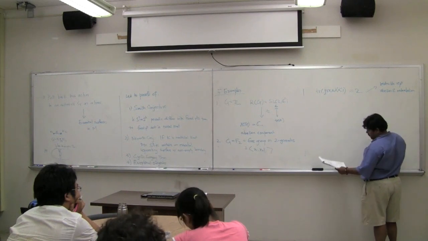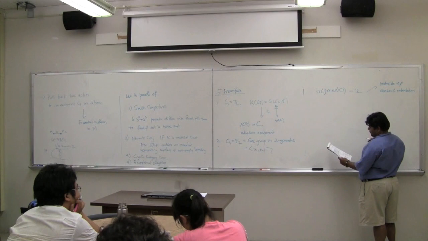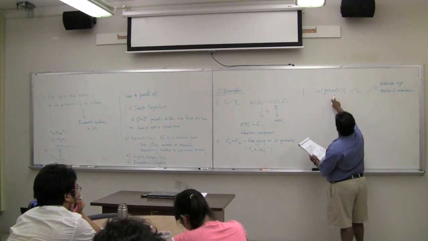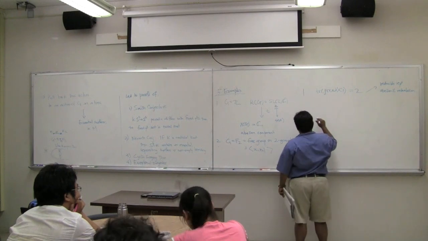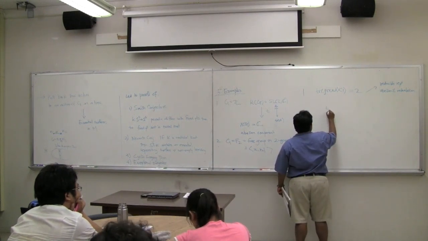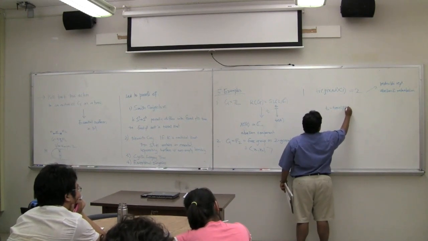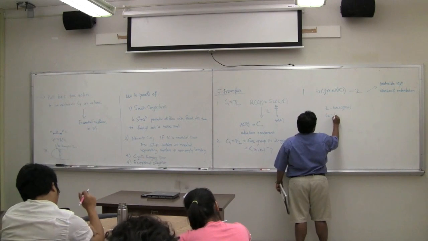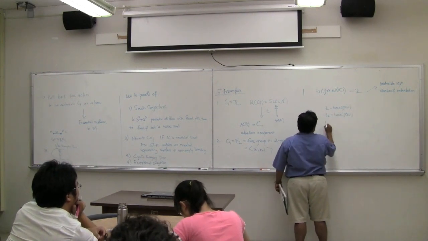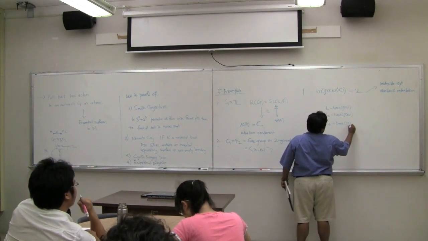Let me set something up. Let me write T1 to be the trace of rho of x1, T2 the trace of rho of x2, and T12 the trace of rho of x1 x2.